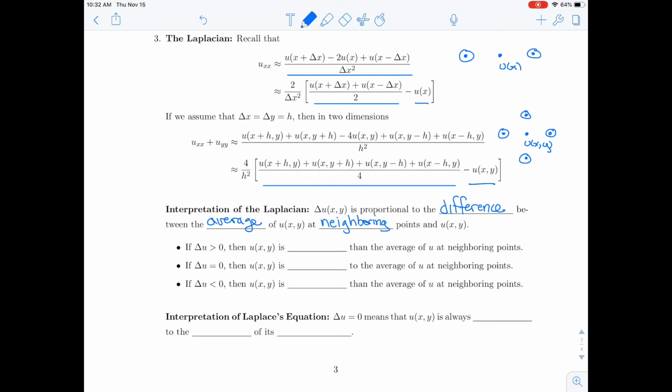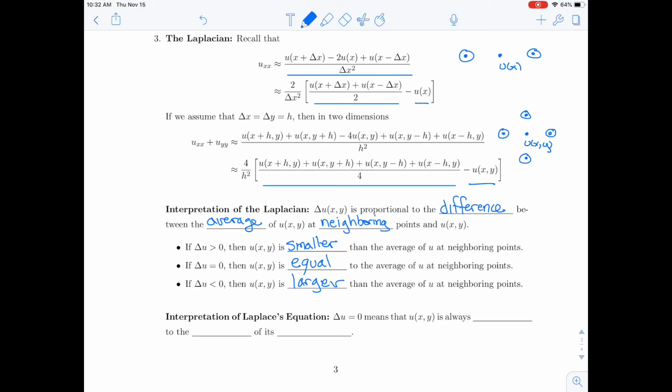This means that if the Laplacian of u is positive, then u of xy must be smaller than the average of its neighboring points. If the Laplacian of u is 0, then u of xy must be equal to the average of u at its neighboring points. And if the Laplacian of u is negative, then u of xy must be larger than the average of u at neighboring points.